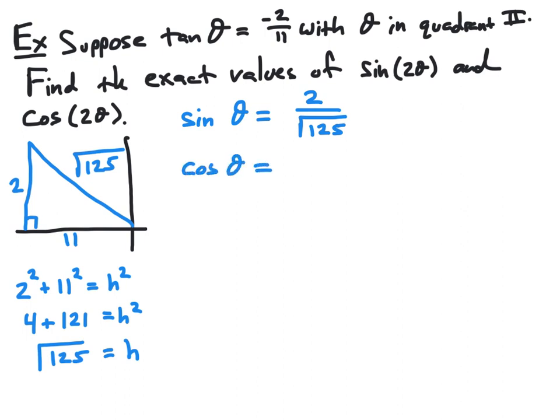And our cosine will be 11, the adjacent side, over square root of 125, the hypotenuse. But this will be a negative value because in quadrant 2, cosine of our angle will be negative. And so while we do not know what angle theta is, we do know its sine and cosine values, which will then allow us to find the sine and cosine of 2 theta.